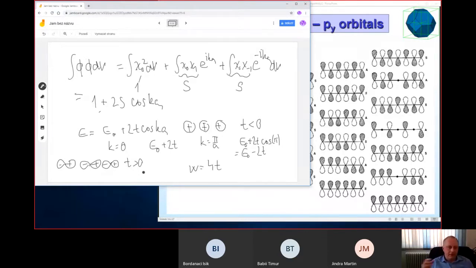Typically for good overlap between the nearest neighbors, we have a high value of t and a broad band. While if the overlap is relatively low, then the bandwidth is also very small. Okay.